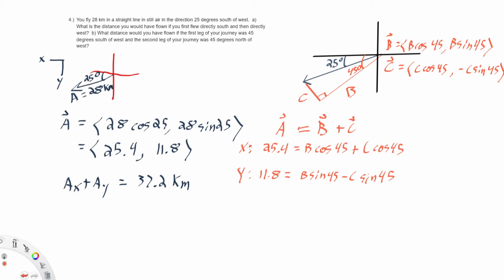And so if we do the x part minus the y part, we get 25.4 minus 11.8 on the left-hand side. On the right-hand side, we get 2 of these, radical 2 over 2 times b, and then we get c radical 2 over 2 minus c radical 2 over 2.